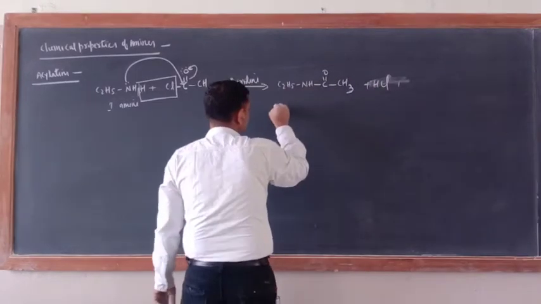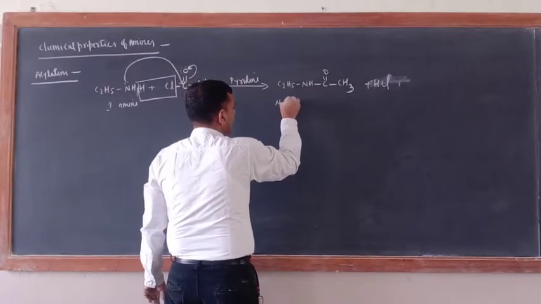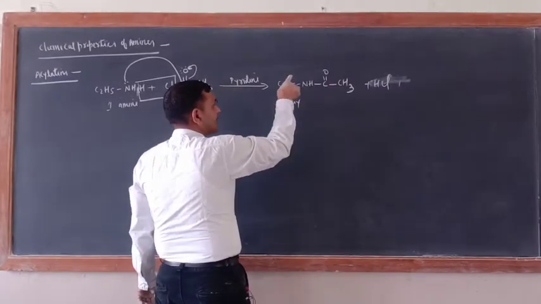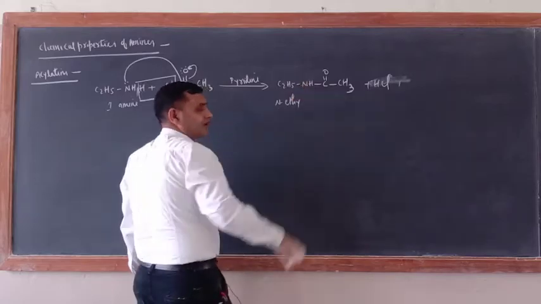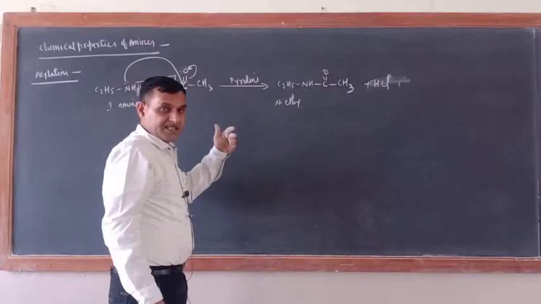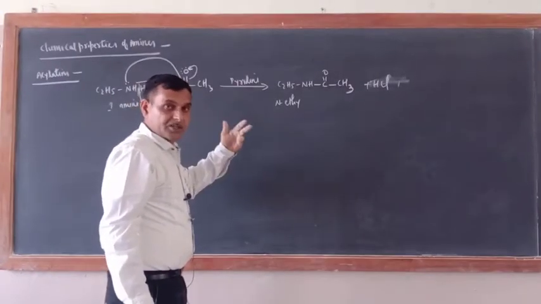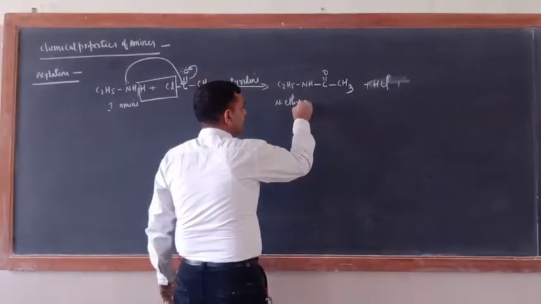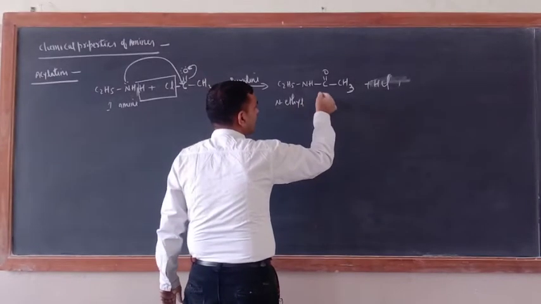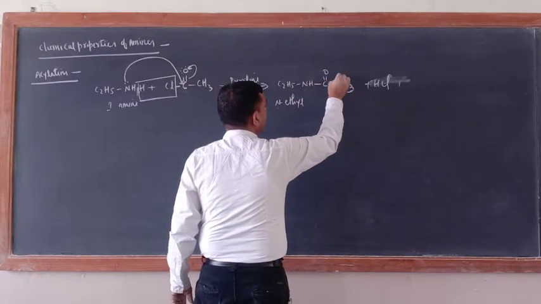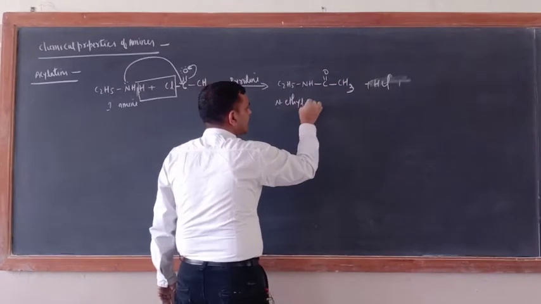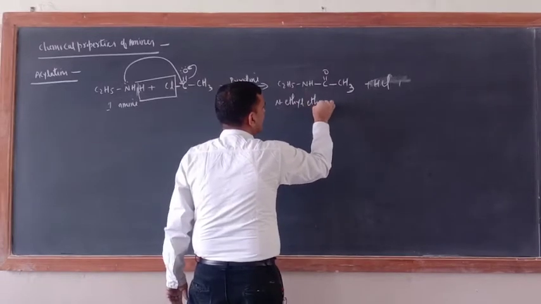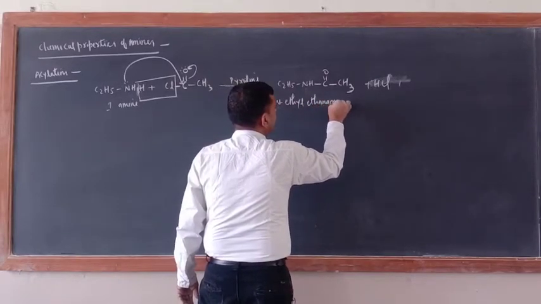What is the name of this compound? N-ethyl. Why N? Because the C2H5 group is bonded with the NH2 group, means by replacing the H of the NH2 group. So N-ethyl. Now what is the name of this one? Ethanamide.